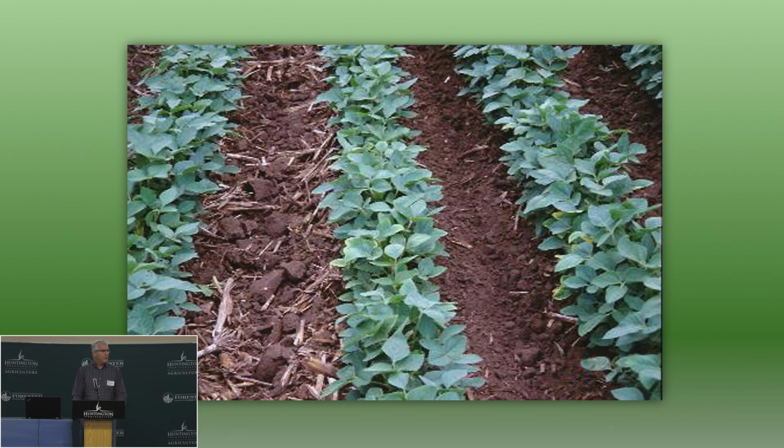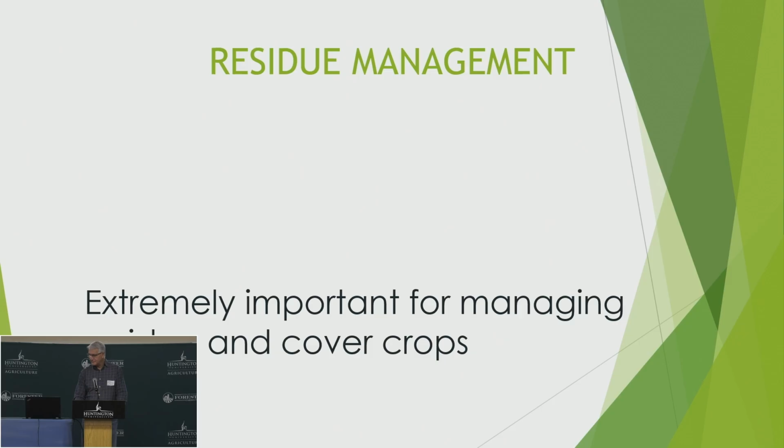And one of the byproducts is they secrete polysaccharides that glue individual soil particles together. And that's what creates soil tilth. And if you look closely, you see a little bit of yellow on the edges of the soybean leaves. That's a potassium deficiency, and you don't see it where the residue is decomposed. So a lot of benefits there from rapidly decomposing residue.